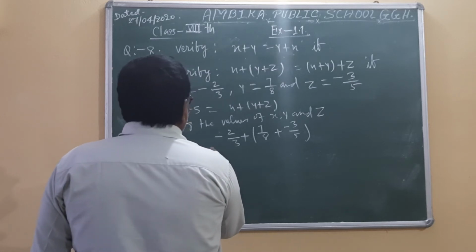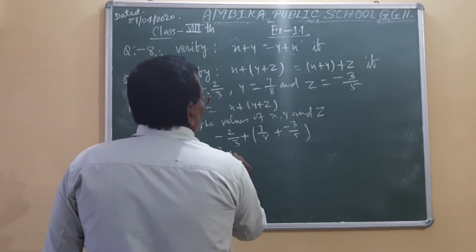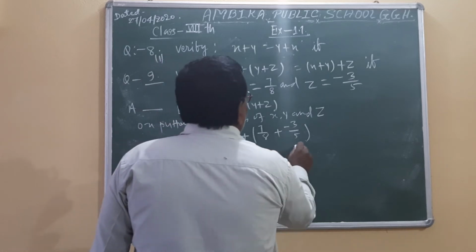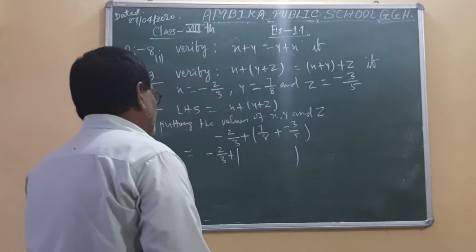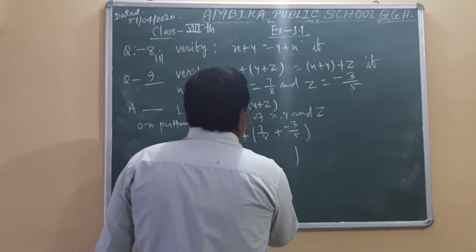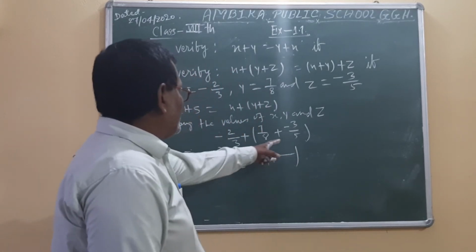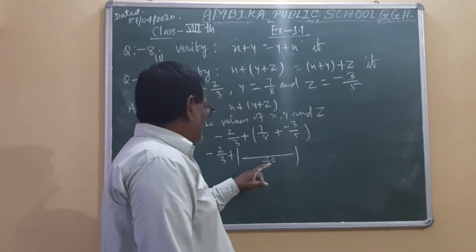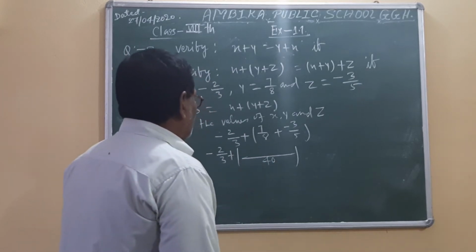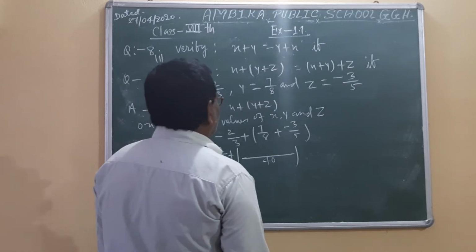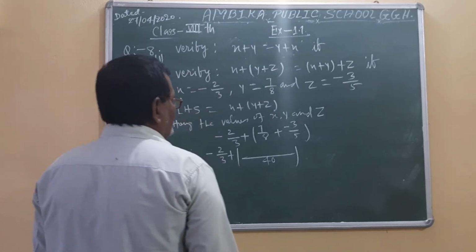LHS is equal to minus 2 by 3 plus, taking LCM of 8 and 5, we have 40. So divide 40 by 8. We get 5 as quotient.